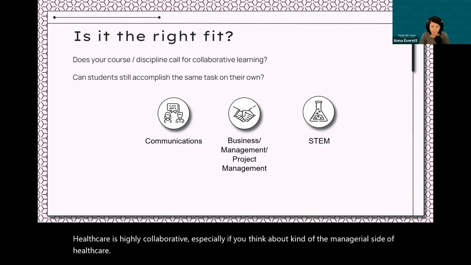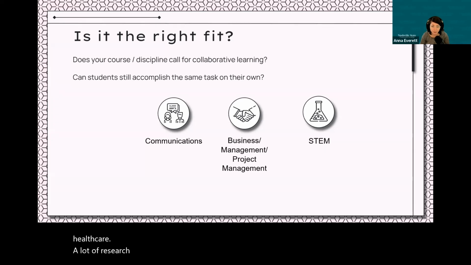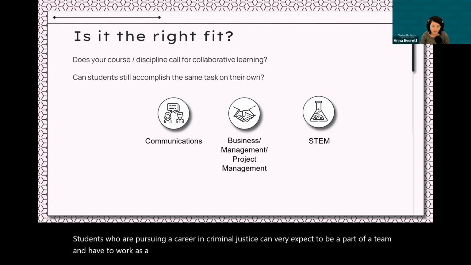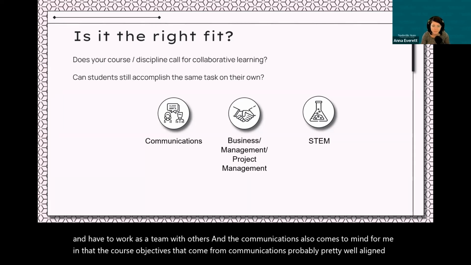STEM, a lot of research in STEM happens collaboratively. Criminal justice, absolutely. Students who are pursuing a career in criminal justice can very well expect to be a part of a team and have to work as a team with others. And communications also comes to mind for me, in that the course objectives that come from communications are probably pretty well aligned with working with others, communicating with others, and being able to adequately express oneself with others.